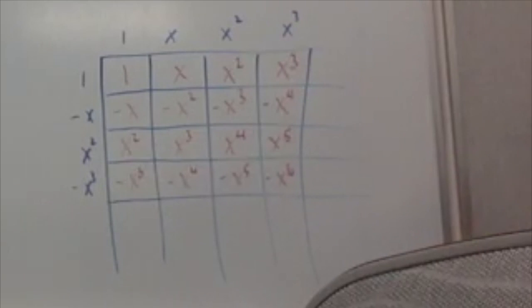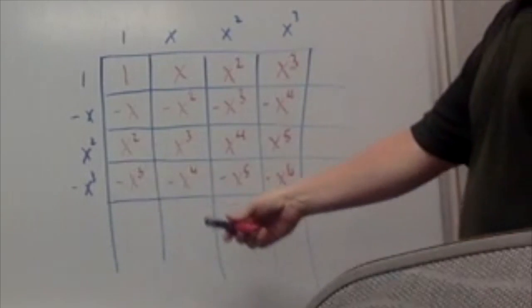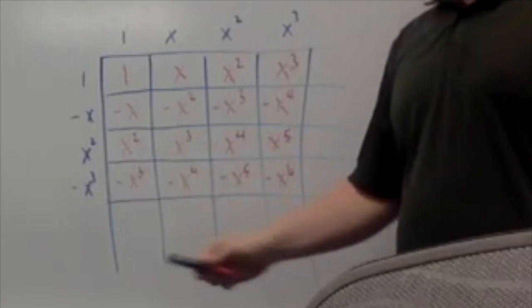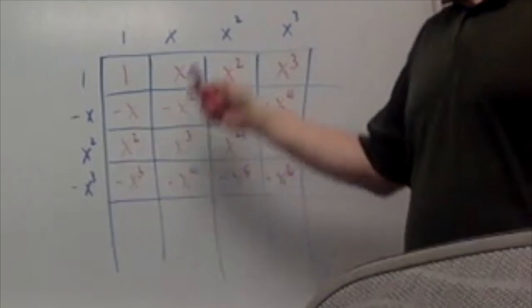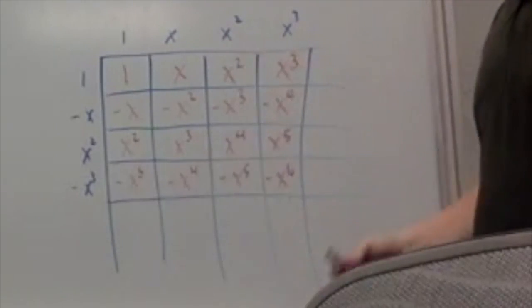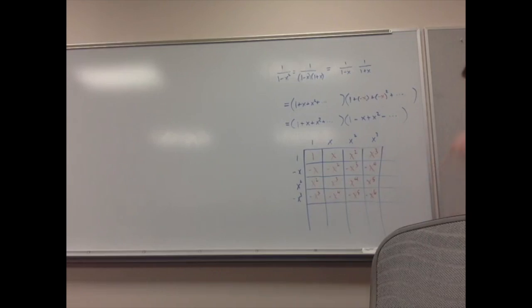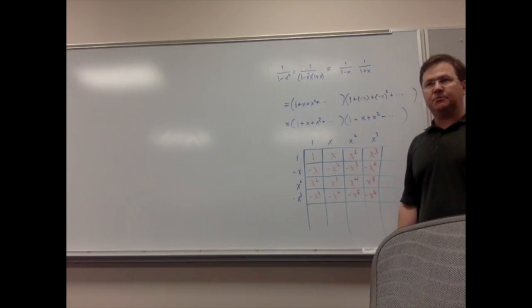The pattern continues in an obvious way. You can even see, if you look at each column, it becomes clear what's happening in each column as well. Each column is an alternating sequence, right? They're all ascending in a pretty predictable way.